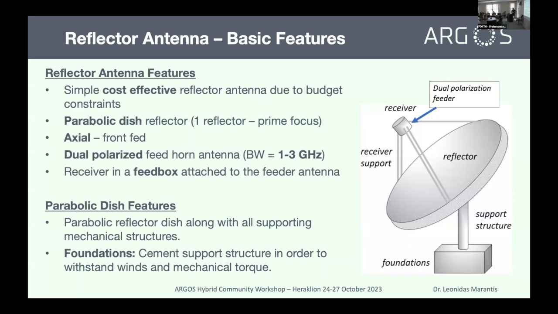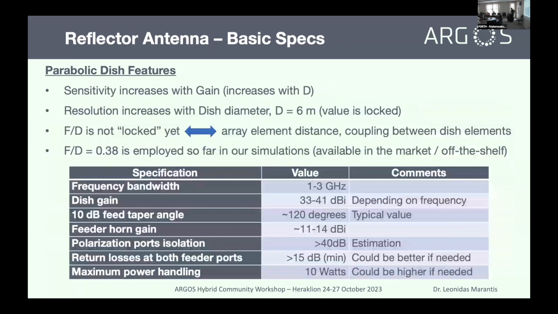And as you can see from the picture, when we're talking about this kind of big dimensions, of course, we're talking about supporting mechanical structures. We also need some rigid foundations, some cement support structure in order to hold steadily all this heavy structure and withstand the winds and the mechanical torque.